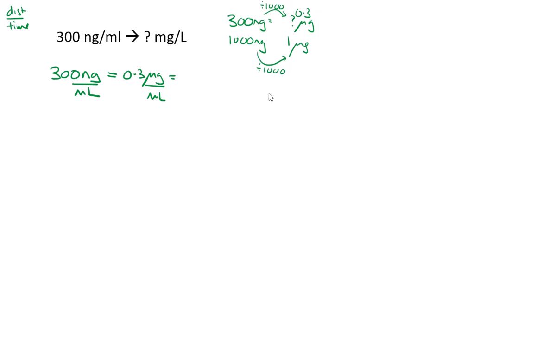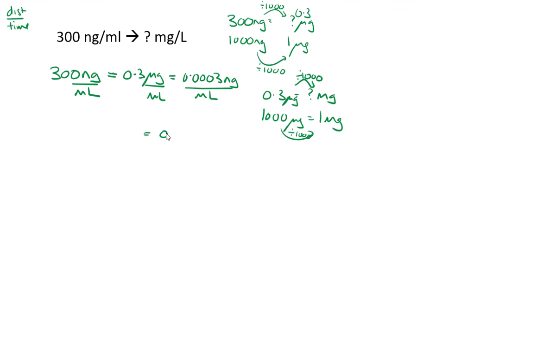So now I've got 0.3 micrograms, and I want to know how many milligrams. And I know there's 1,000 micrograms in 1 milligram, so I'm going to have to divide by 1,000 to both of them. So that's going to be 0.0003 nanograms per milliliter. But I actually want it in nanograms per litre.